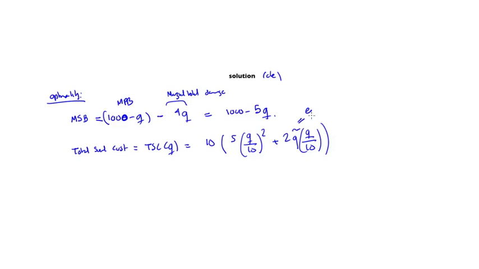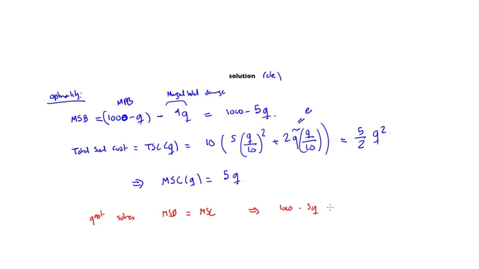We are substituting, because when we're computing total social cost, we have to take that into account. If you do the algebra, this is just equal to 5/2 of Q squared. This implies, taking the derivative, that the marginal social cost as a function of Q is just 5Q. And it follows that Q optimum solves marginal social benefit equals marginal social cost, which implies that 1000 minus 5Q is equal to 5Q, which implies that Q optimal equals 100.